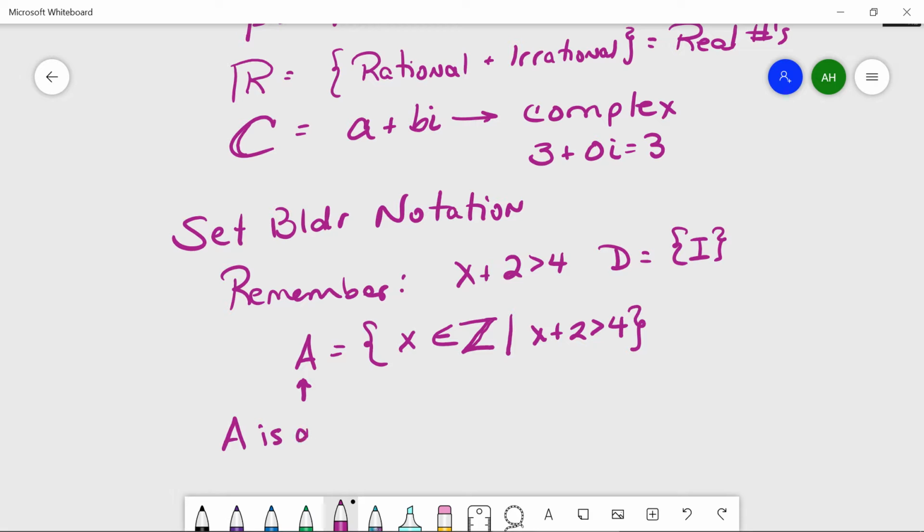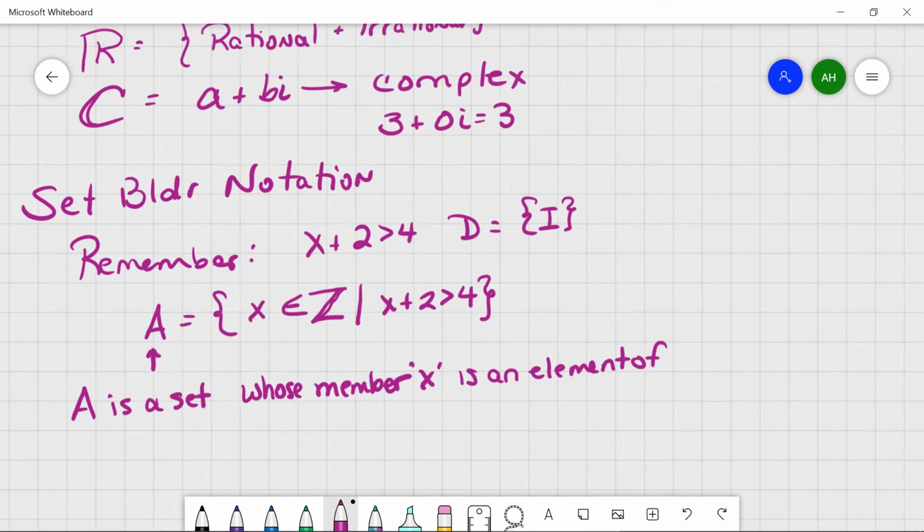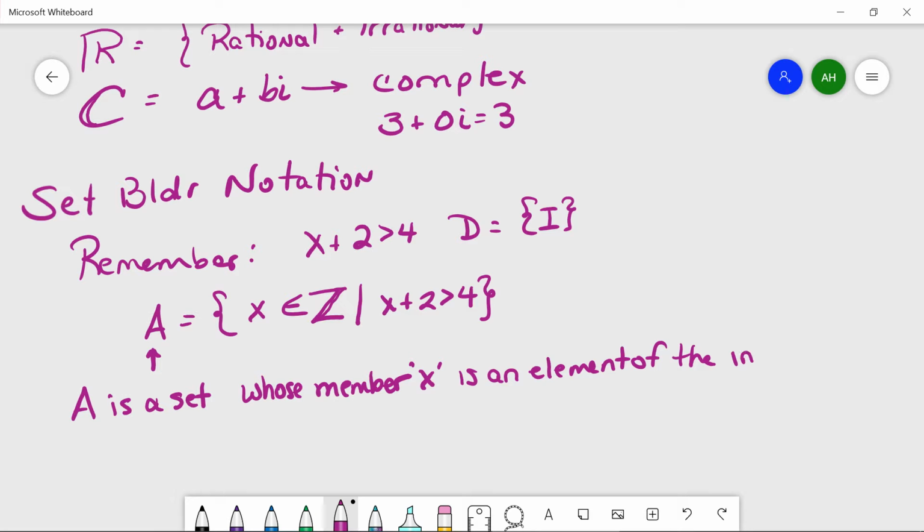A is a set whose member x is an element of the integers such that x plus 2 is greater than 4.